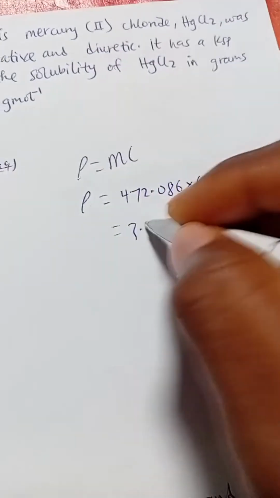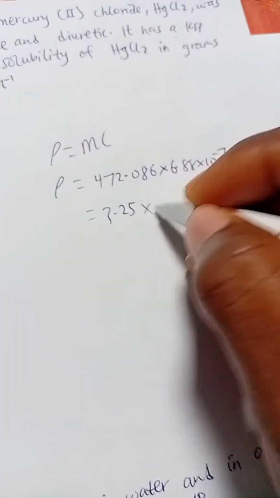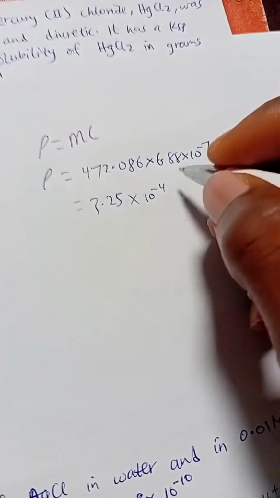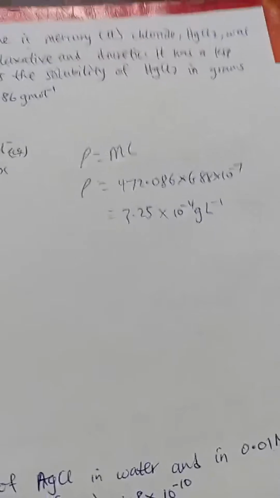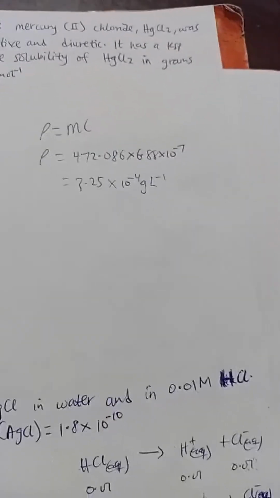And then we are going to get 3.25 by 10 to the power minus 4 grams per liter. So this is it. This is what we have. Okay, so we've been able to solve the first 4 questions. And we have questions 5, 6, 7, 8, 9 waiting for us. So let's cover more concepts, then we can solve the subsequent questions.